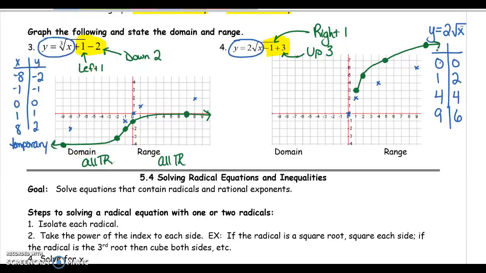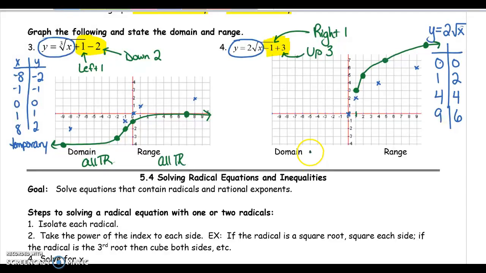Okay, the domain and range. Because the graph moves side to side and up and down, our domain and range is going to move side to side and up and down. If you take a look at this point, what is the x value of this first actual point? 1. Just take that point and drop it down to the x-axis. It has an x value of 1. All of our x values are 1 or larger.